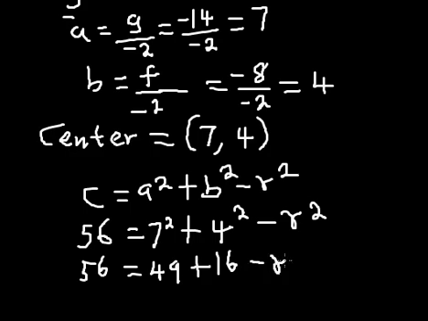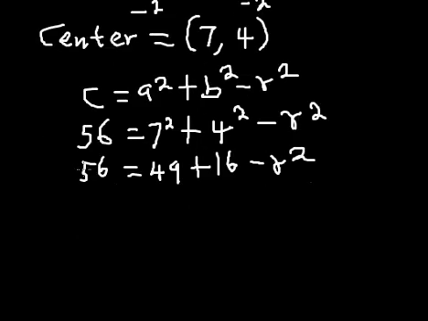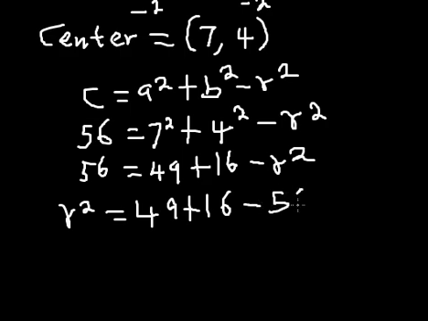Then minus r square. So for me to get r square, I take r square to the side, then 56, I bring it over. So r square is going to be equal to 49 plus 16 minus 56.